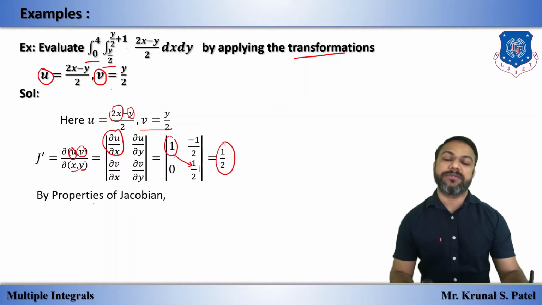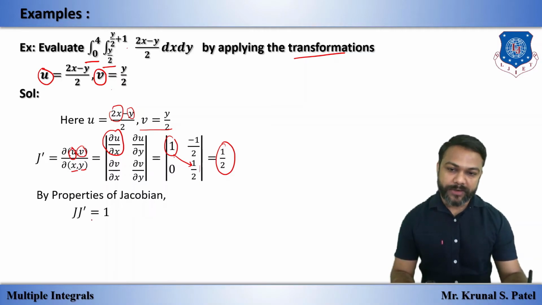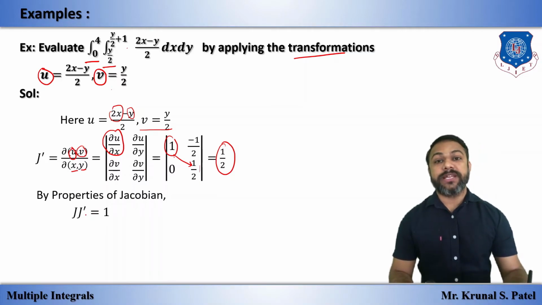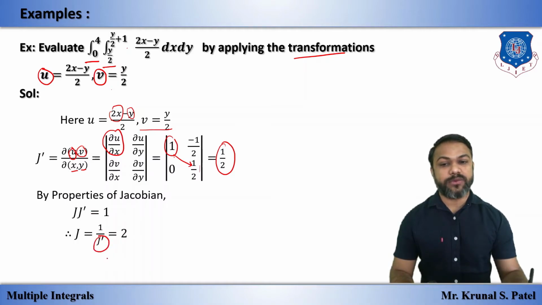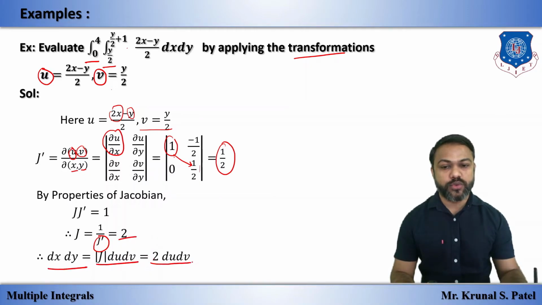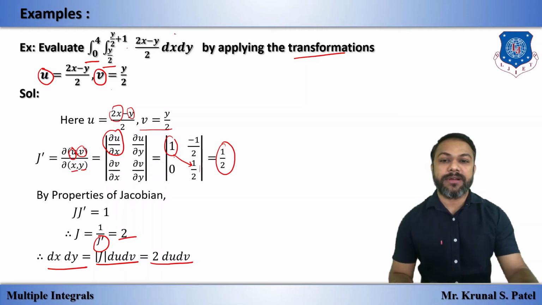By the property of Jacobians, J into J dash is equal to 1, so J is 1 by J dash, which is 2. So dx dy becomes J du dv, that means 2 du dv. So we have converted this into the new 2 du dv.